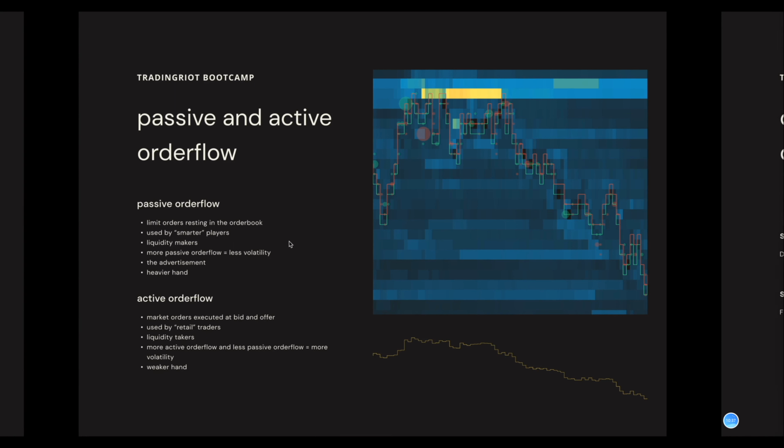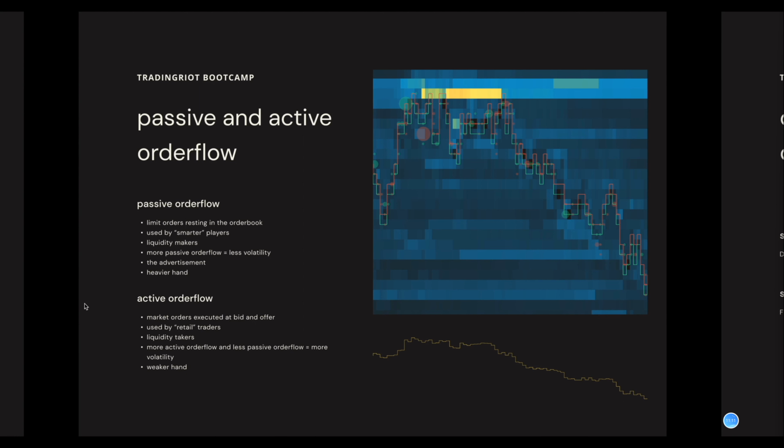The active order flow are the market orders. You can see them here, this is the cumulative volume delta. We will cover this in a bit. These are the market buyers and sellers, and like I said, this shows the market orders. They are used by retail traders, which is not the best term to use, but overall the smaller speculators who just don't want to wait for any favorable prices.